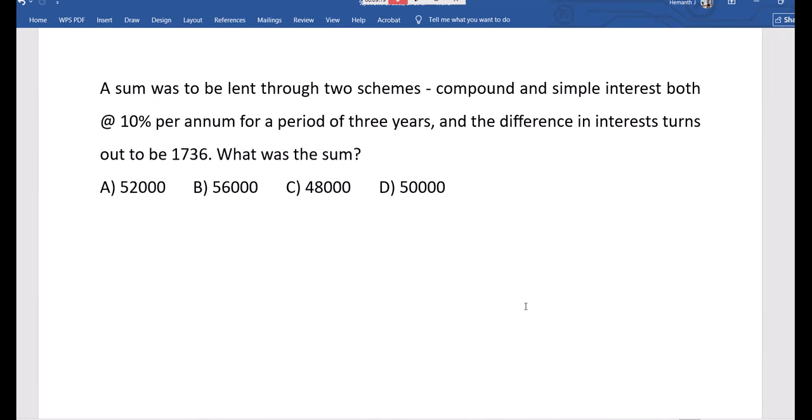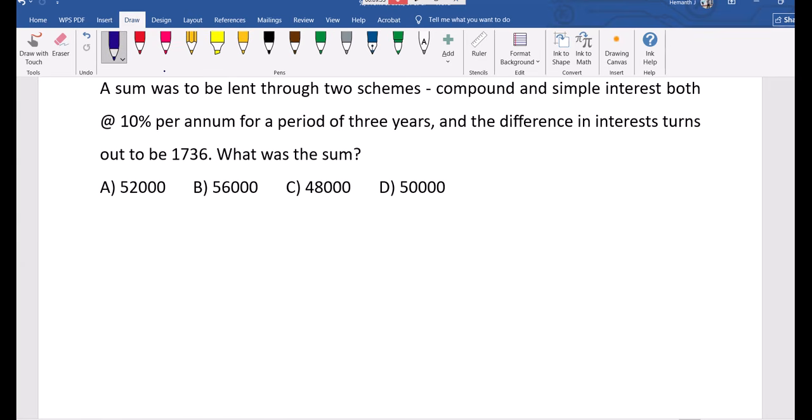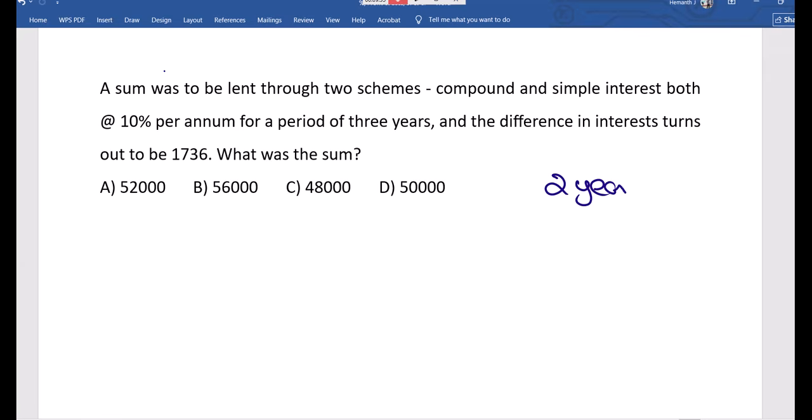Now this question, sir, you always say avoid formulas, but there is a formula for this. I'll give it while avoiding that, but even remembering the formula is difficult. There is a concept difference between simple interest and compound interest. If it is for 2 years, the difference between simple interest and compound interest is P into R by 100 whole square, provided the compound interest is annual. For half yearly or quarterly, this will not apply.